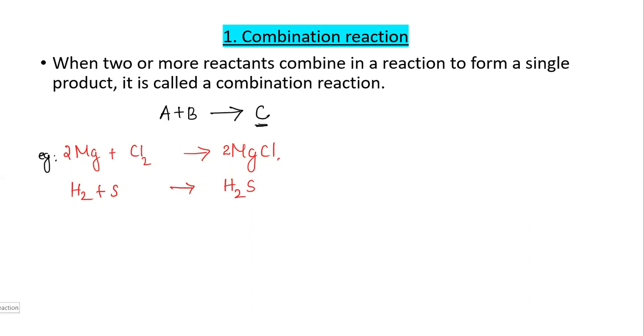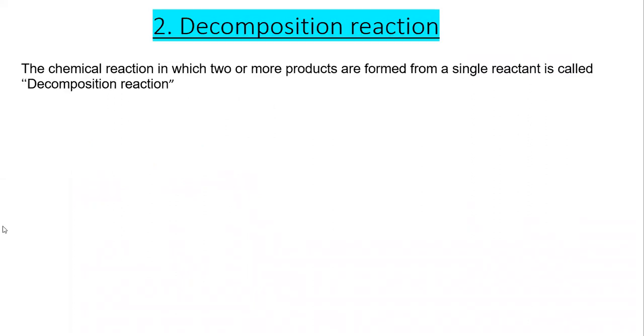Let us discuss about the next one. Next one is decomposition reaction. Decomposition reaction is just the opposite of combination reaction. That is a reverse of combination reaction. We know in combination reaction, two or more reactants combine to form a single product.